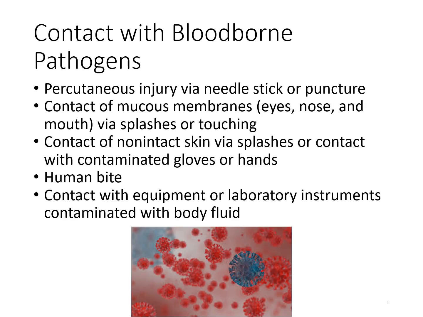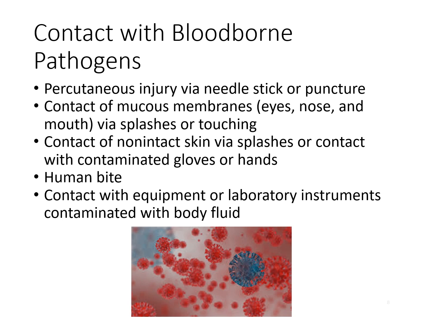So, contact with blood-borne pathogens. This can be anywhere from a percutaneous injury, like a needle stick or a skin puncture. It can also be from contact of mucous membranes, like your eyes, nose, mouth, and this would be from a splash or from touching. So you get something on your gloves and now you rubbed your eyes and now you potentially have a bloodborne pathogen.